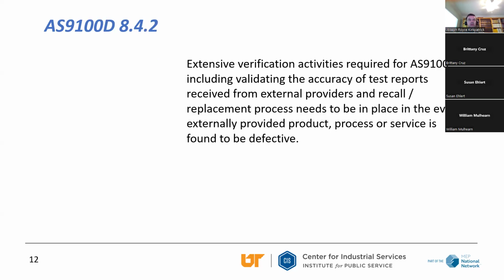That could include validating of test reports. If we get steel certs in from a supplier, we might periodically test a sample of the steel to make sure the chemistry matches or make sure the inclusion count matches. But we also need to have a recall system in place.